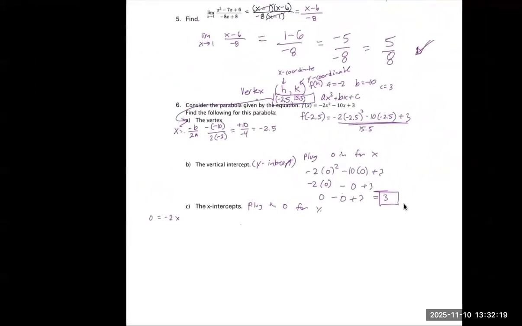So I'm plugging 0 in for the f of x or the y. So I get left with -2x squared minus 10x plus 3. I can't solve an equation like that just by moving the variable around or doing algebraic steps. We need to use the quadratic formula.